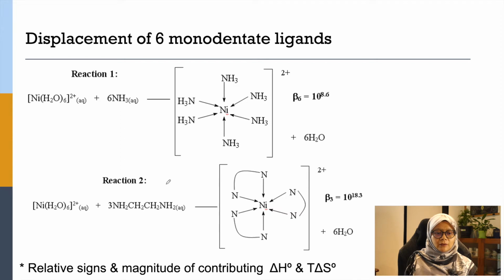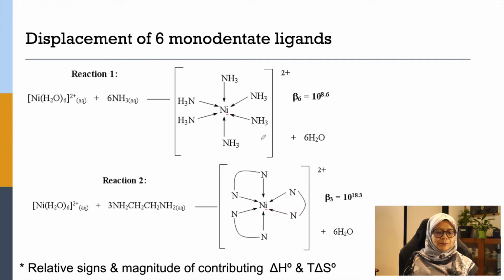For reaction 2, we have beta 3 instead of beta 6 because we have 3 ethylene diamine, where each ethylene diamine contains 2 nitrogens. The beta 3 here equals 10 to the power of 18.3, which is much larger compared to reaction 1.